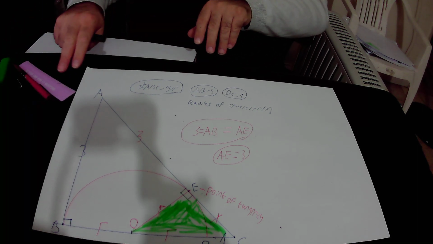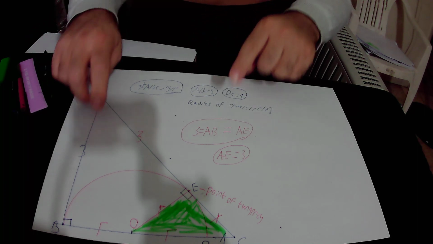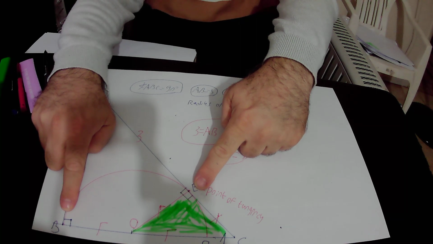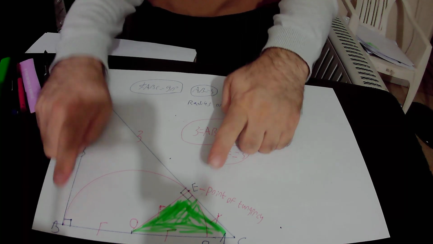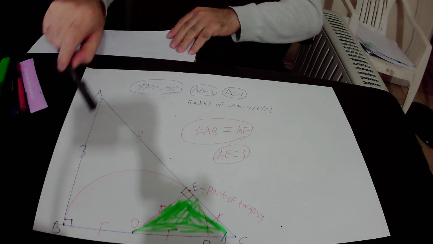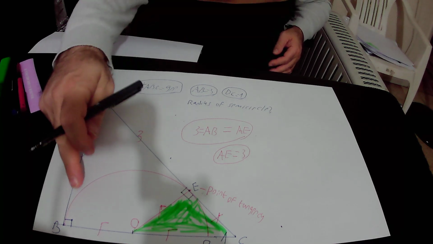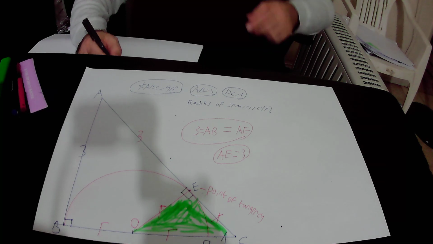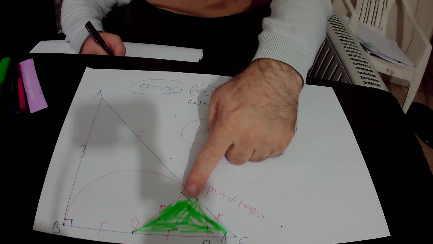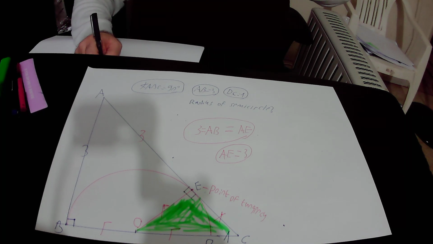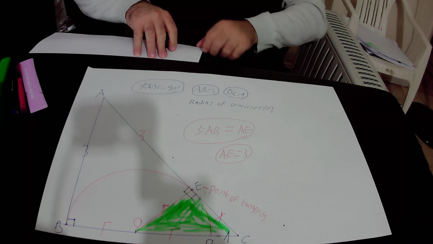First of all, those two angles are equal to each other. They are both right angles. So actually angle ABC of triangle ABC equals angle OEC of triangle OEC, and both angles are right angles, that is to say they are equal to 90 degrees.